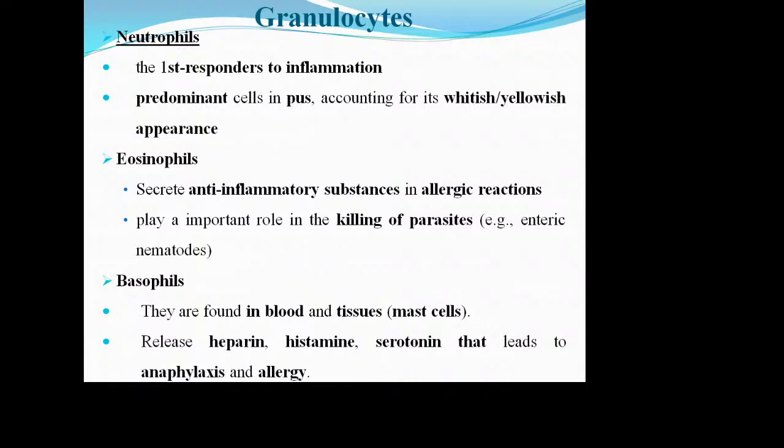If they are present in tissues, they are called mast cells. Basophils have a great role in allergic reactions. They produce allergic mediators, such as heparin, histamine, serotonin that lead to anaphylaxis and allergy. Allergy is also a protective mechanism of the human organism. You will talk about it in pathophysiology next year.